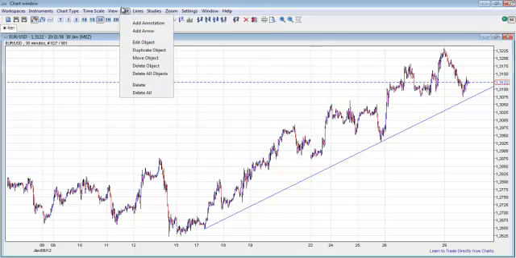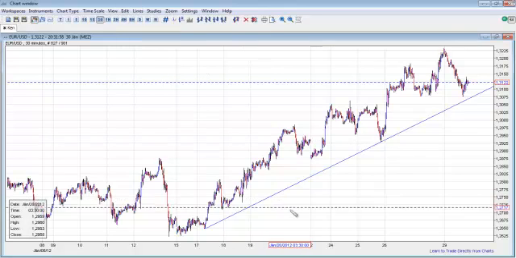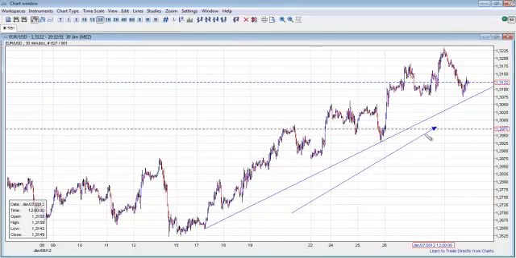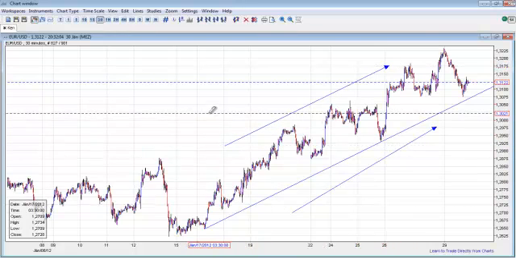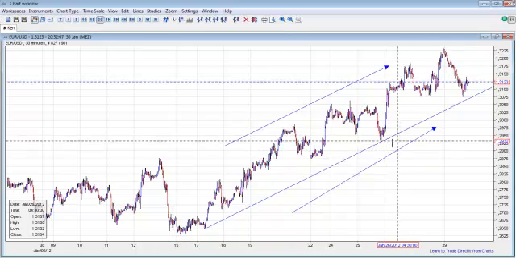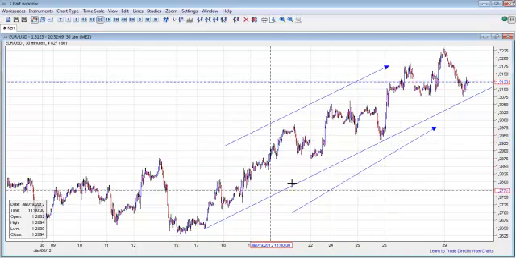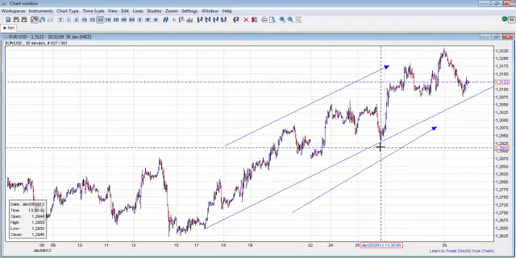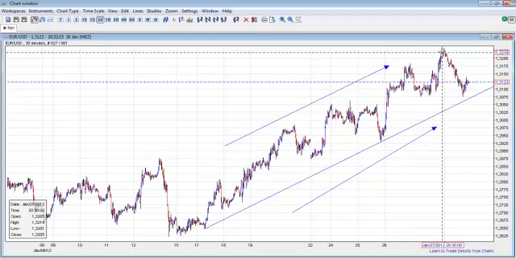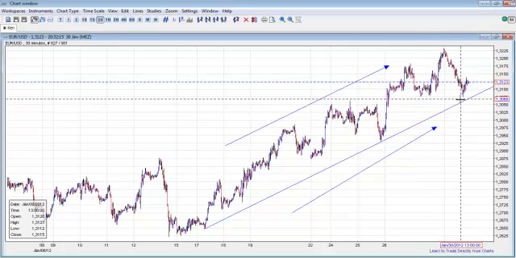Now, it's not rocket science to see that this market has done that, right? It's been a strong move to the upside. So all we want to do is trade in the direction of the overall trend. You're two types: you're either a counter trend trader or you're a trend trader.